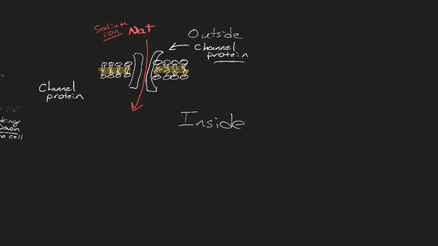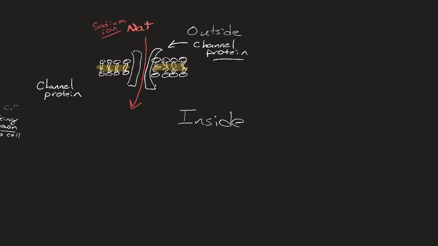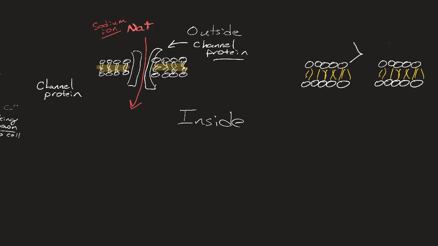And each protein can be very special. There's one special protein that only allows sugar through. It's a channel protein that allows only sugar through it. Each protein has a different shape, different size.